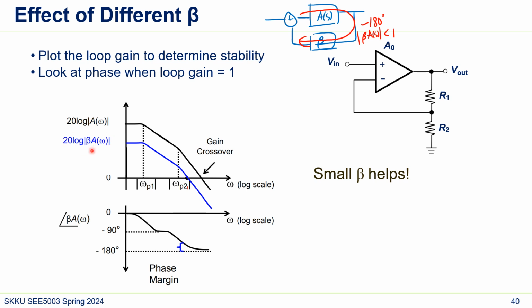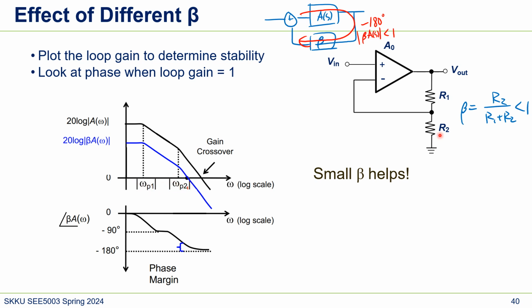Beta is here again, R2. That's smaller than 1, right? So if we multiply beta to this gain, then it's decreasing, because this y-axis is gain. So the gain decreases and this pole will stay the same.